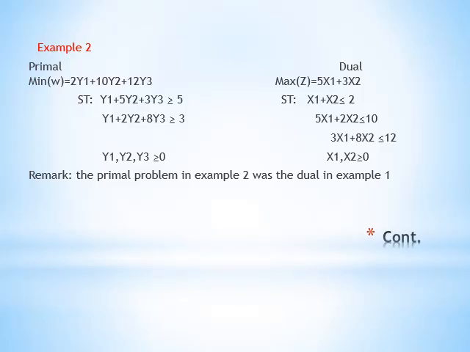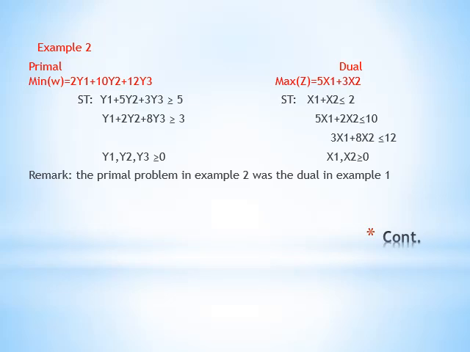Also, given two constraints. The first: y1 plus 5 y2 plus 3 y3 greater or equal to 5. The second constraint: y1 plus 2 y2 plus 8 y3 more or equal 3.